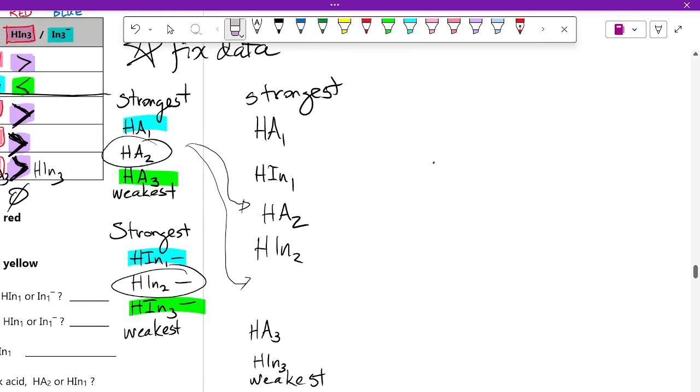So I'm going to rewrite this because this is an ugly thing here. I'm going to try and tidy it up a little bit.